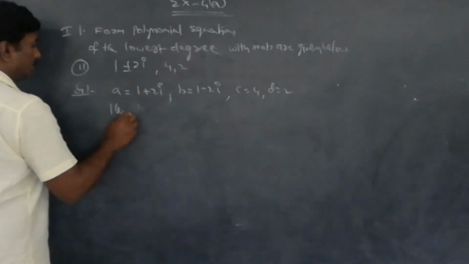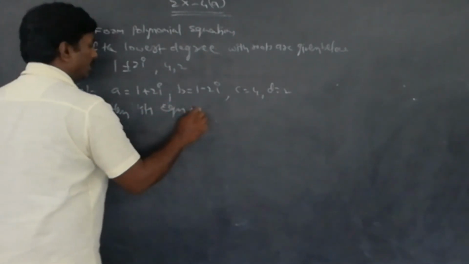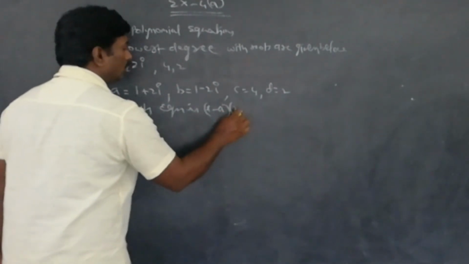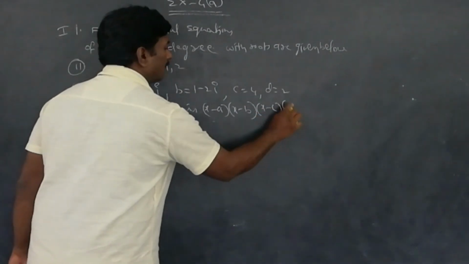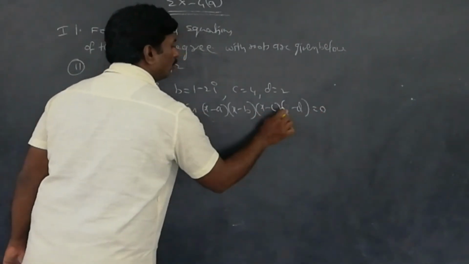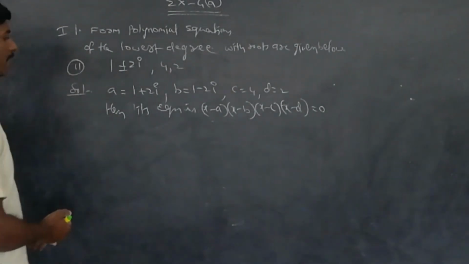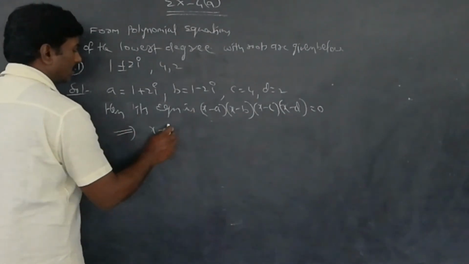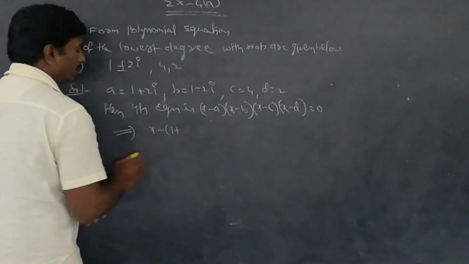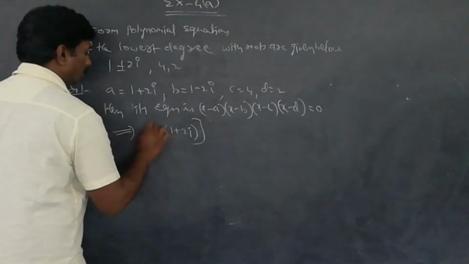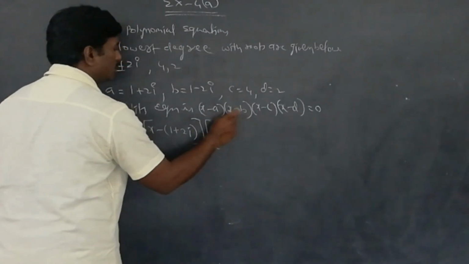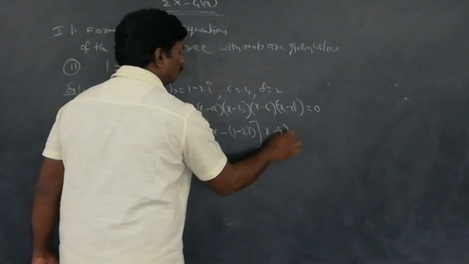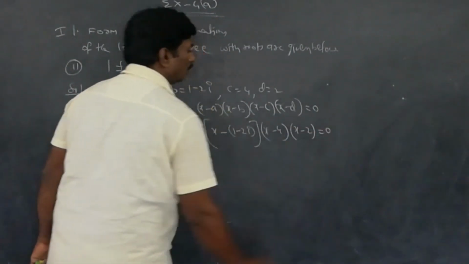Then its equation is, so tell me, with 4 roots how can you write it? x minus a into x minus b into x minus c into x minus d is equal to 0. Now apply the values. That implies x minus, here a means 1 plus 2i, in brackets, into x minus b, that is 1 minus 2i, into x minus 4, x minus 2 equal to 0.